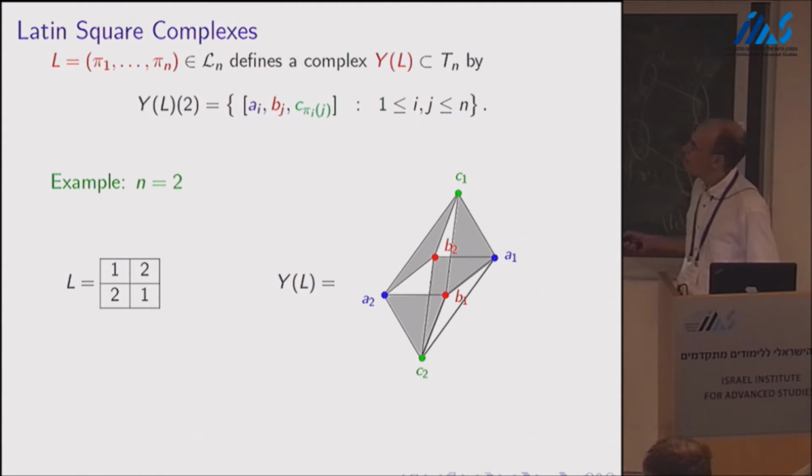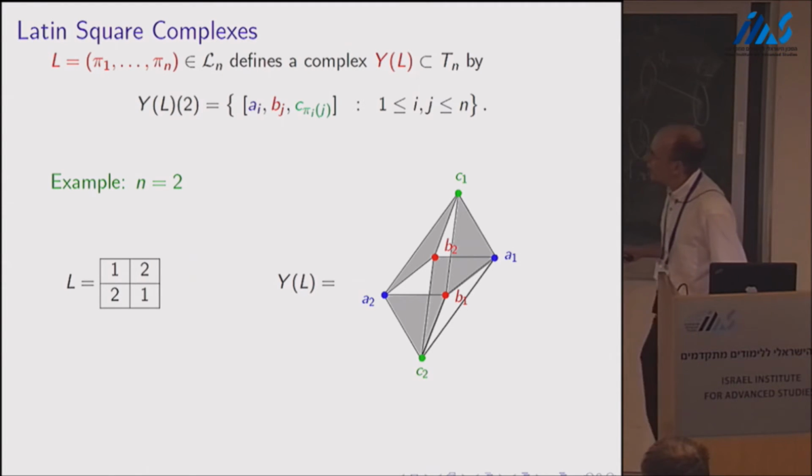Now, topologically, a Latin square is very boring. Why? Here I'm drawing the complex that corresponds to the Latin square 1, 2, 2, 1. The 1 tells us what the neighbors of A1 are. The neighbors of A1 are B1 and C1, and B2 and C2.